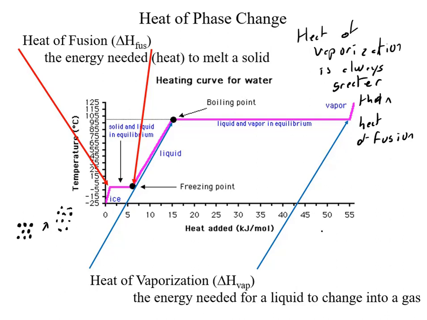Versus down here for heat of vaporization, I'm going from my disordered liquid, and it's really hard to draw something disordered, to a gas in which the molecules are really far separated. They're no longer touching. So not only do I have to then get them moving faster, I have to move them fast enough so that they're willing to separate from each other. And so that's why the heat of vaporization is always much greater than that of heat of fusion.